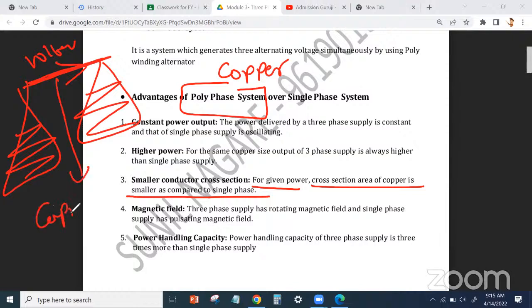This wire is made of copper. So for the transmission of power, electricity, we use copper, mostly copper. So जो copper यहाँ पे use होने वाला है, the area of this copper is smaller than the single phase. तो polyphase में जो कुछ भी copper use होने वाला है for the transmission, उसका area is less, smaller as compared to single phase.